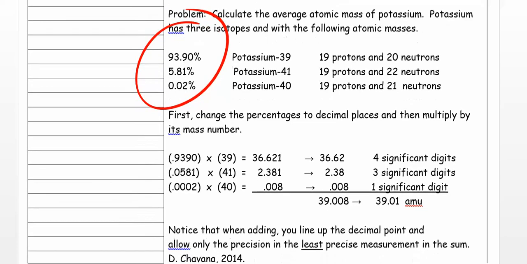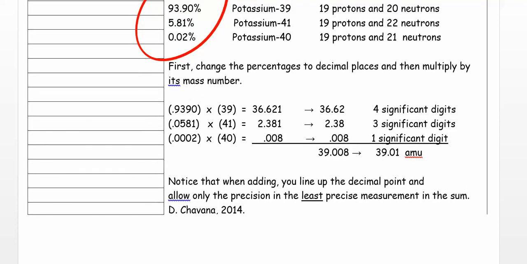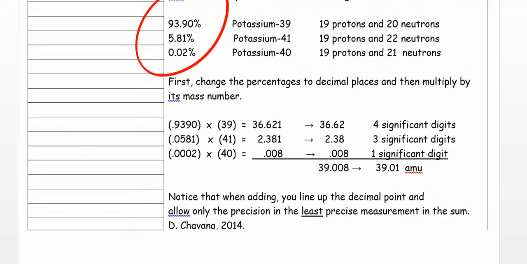So here we go. First, change the percentages to decimals, and then multiply those by the mass number. So, for example, 93.90 becomes 0.9390. 5.81 becomes 0.0581, and 0.02% becomes 0.0002, again multiplied by the mass numbers. When I do, these are the values that I get, 36.621.